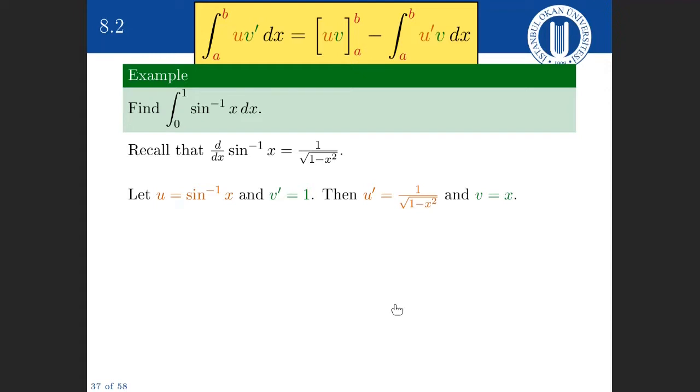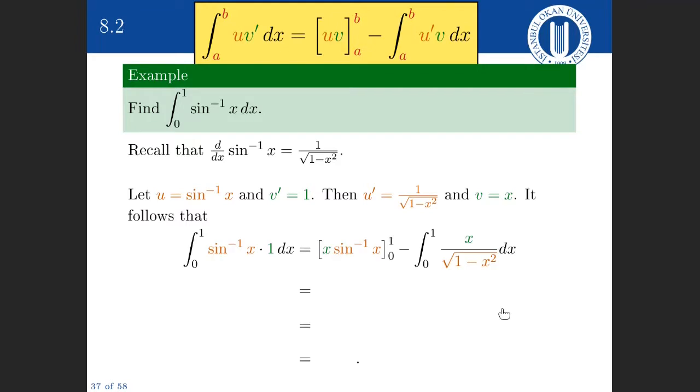Here we have that u prime is 1 over the square root of 1 minus x squared and v equal to x. I want to put all of this into the integration by parts formula. First, I have uv calculated at 0 and 1, and then minus the integral from 0 to 1 of u prime v.